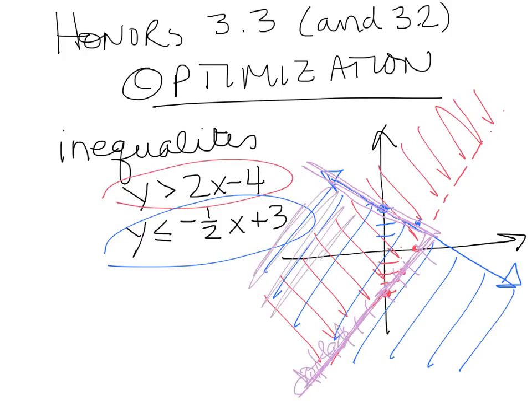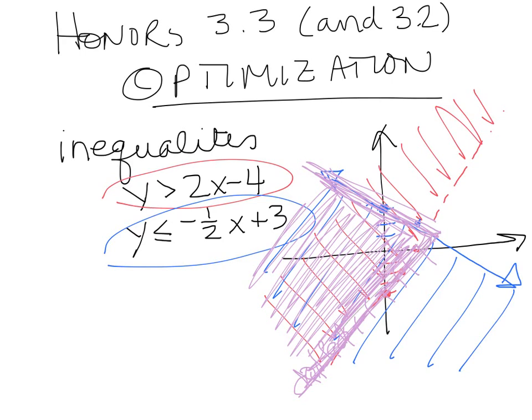And then anything in here is where there was both red and blue shading. So I colored it purple. Now I have the solution region here that's this shape, purple. So that's graphing a system of inequalities, and the point is just you're looking for the double shaded.